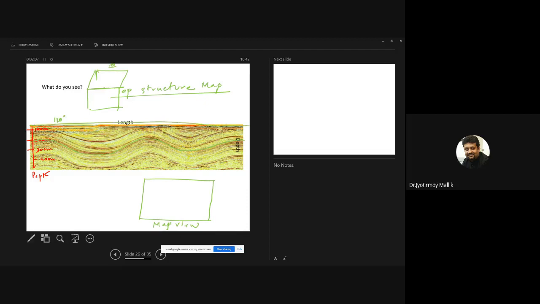What does that mean? Suppose this is north. So 110 degrees means this is 90, and suppose 110.